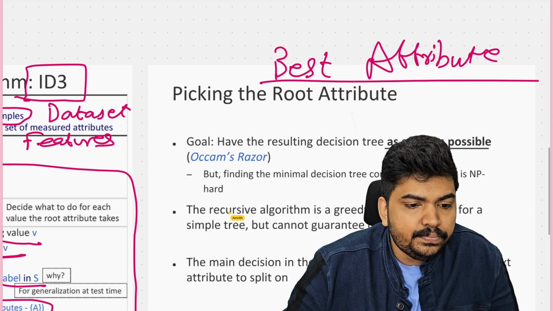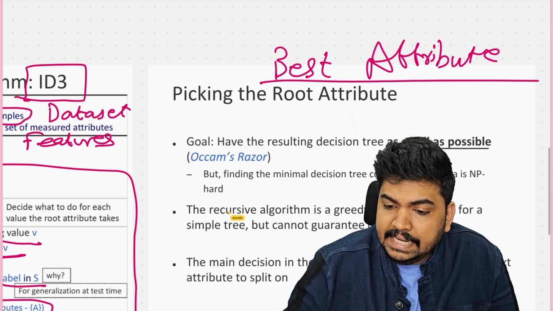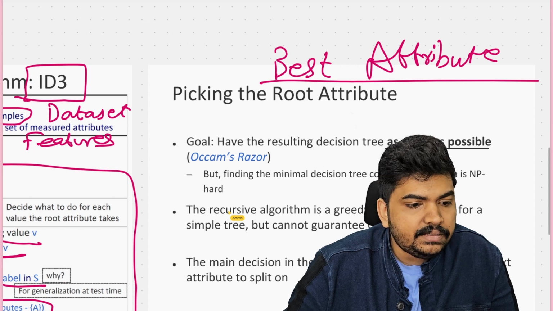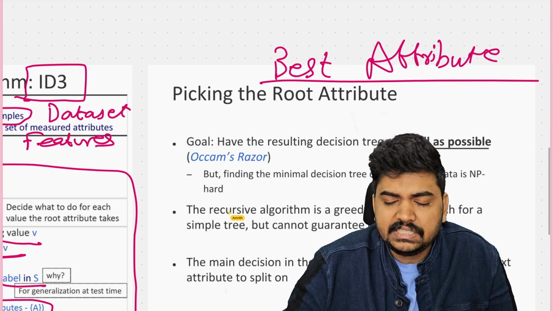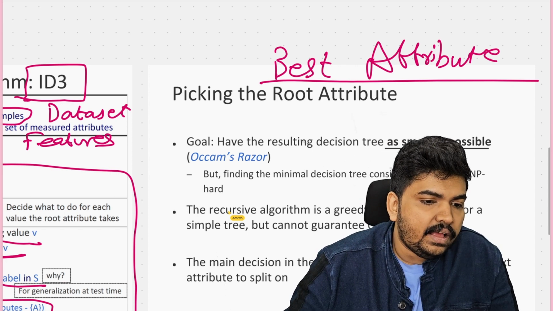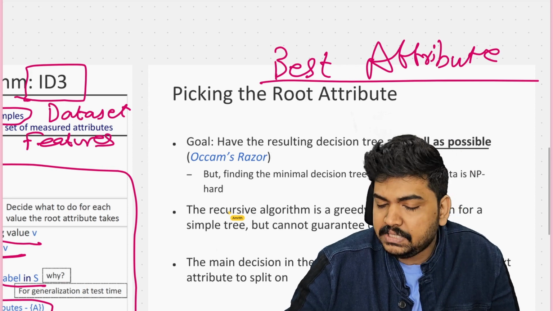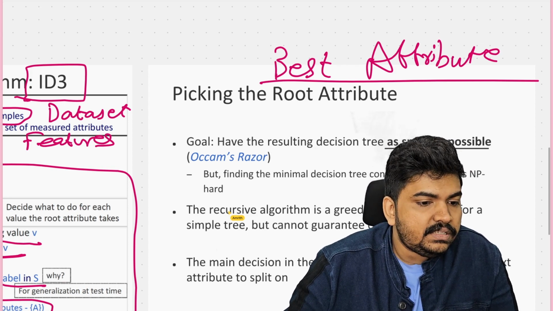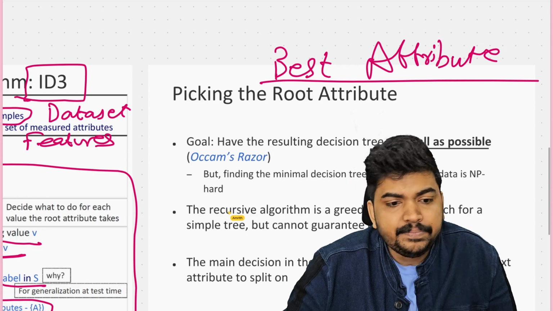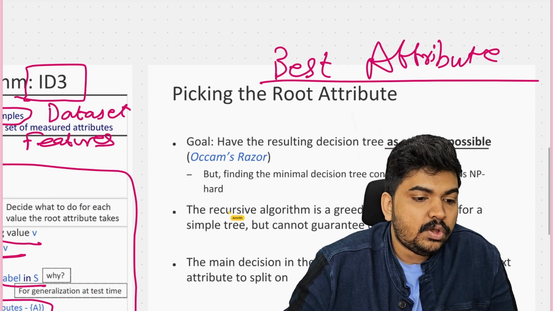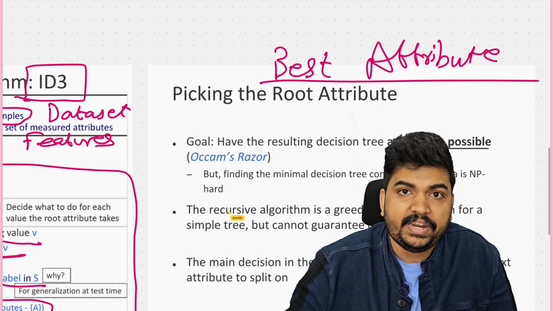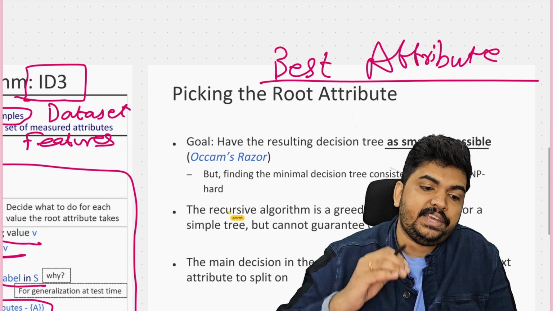So for starters, let's say the way the ID3 algorithm decides is that it prefers smaller trees over larger ones. When I say smaller trees, I mean trees with lower heights.